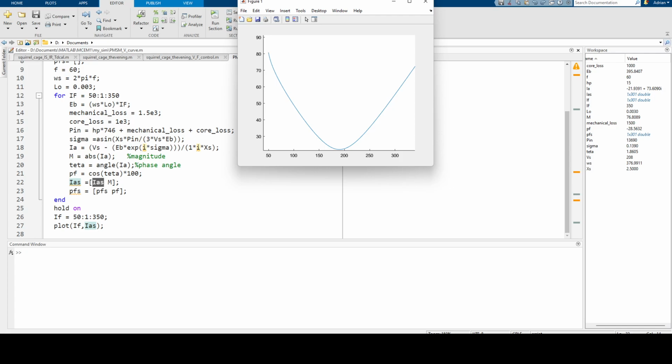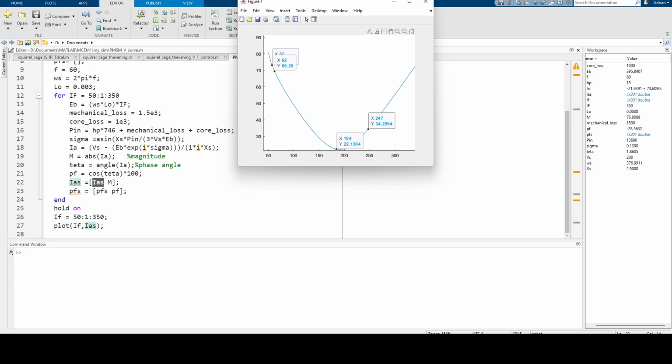So if we are on the lagging side, as our current IF increases, our current IA decreases, until we get to the point where we have unity power factor, and then they follow each other.